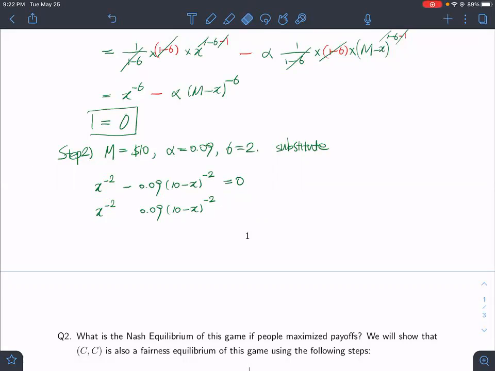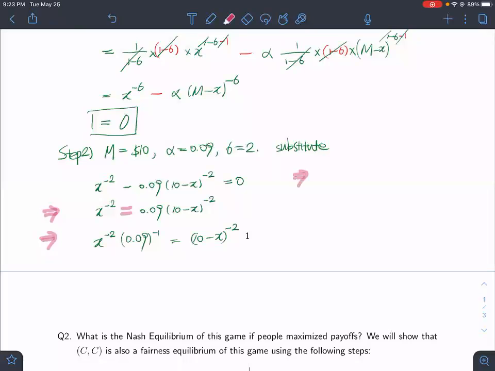If I take the second term to the right-hand side, then I will have this equality here. And then we have x minus 2 squared. Let me take 0.09 to the left. It's not difficult. So I'm dividing each side by 0.09. Then I will only have 10 minus x power to -2 left.